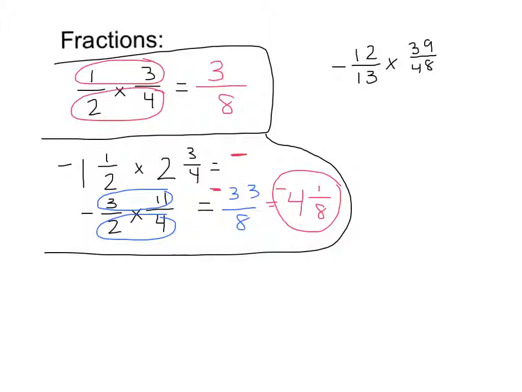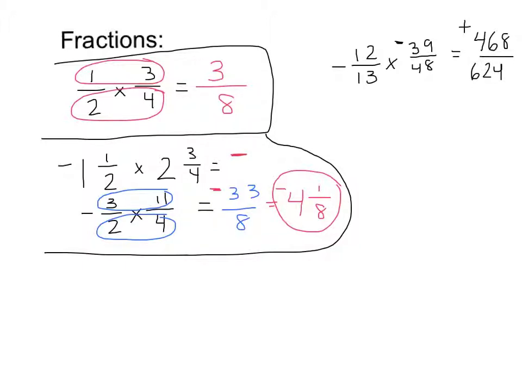Okay, to be a little bit ridiculous in ways. For this particular one, I can multiply straight across and find out that 12 times 39 is going to give me the answer of 468. And let's make this fraction negative as well. So negative times a negative would give me an answer of positive. I could also then find out that 13 times 48 is going to give me 624.